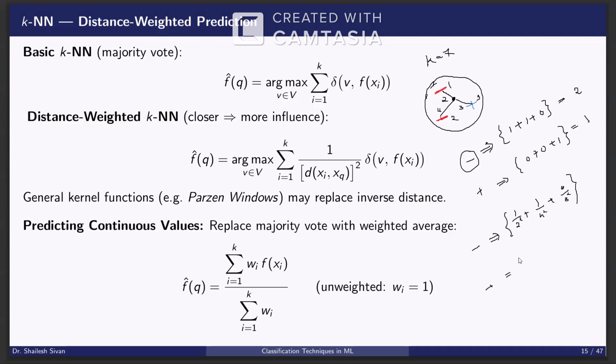And for plus, it will be 0 by 2 square plus 0 by 4 square plus 1 by 3 square. So what is the total value? 1 by 4 plus 1 by 16 is this value, and this is 1 by 9.